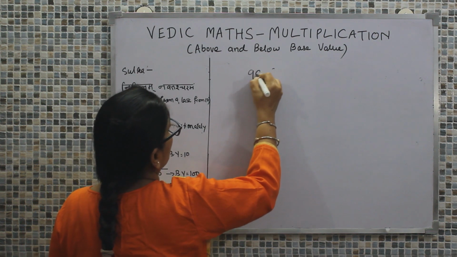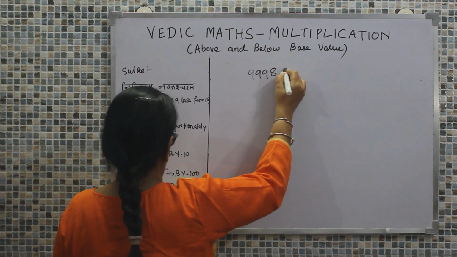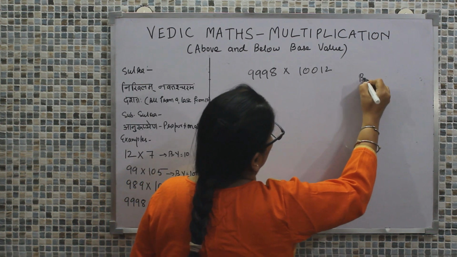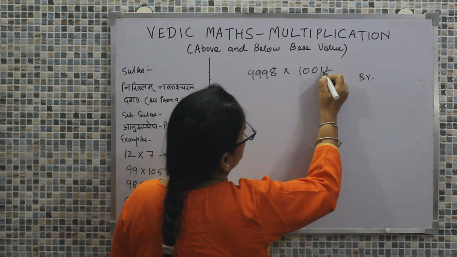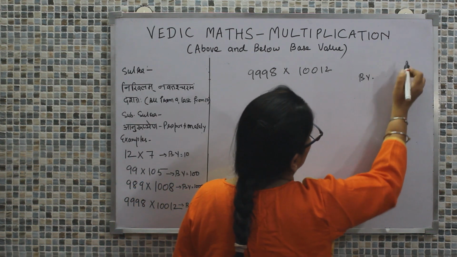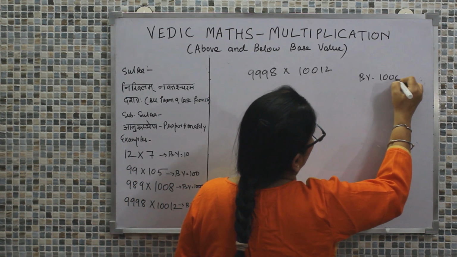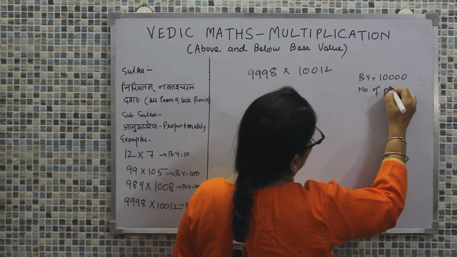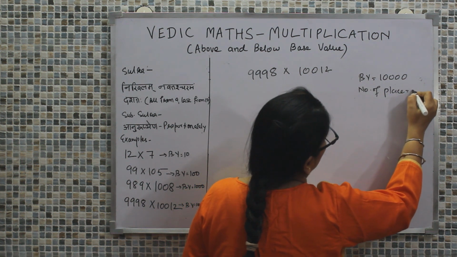So we have 9998 into 10012. The base value will be 1, 2, 3, 4. We have 4 places. The number of places in the RHS that we need to leave down will be 4.